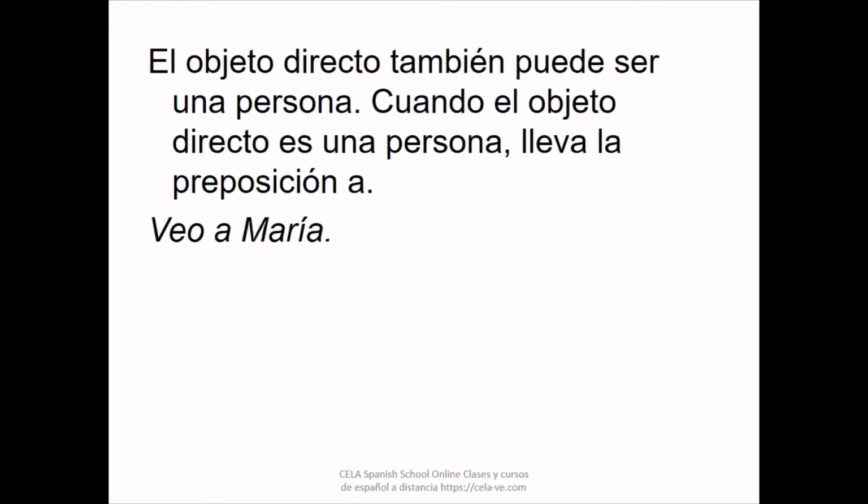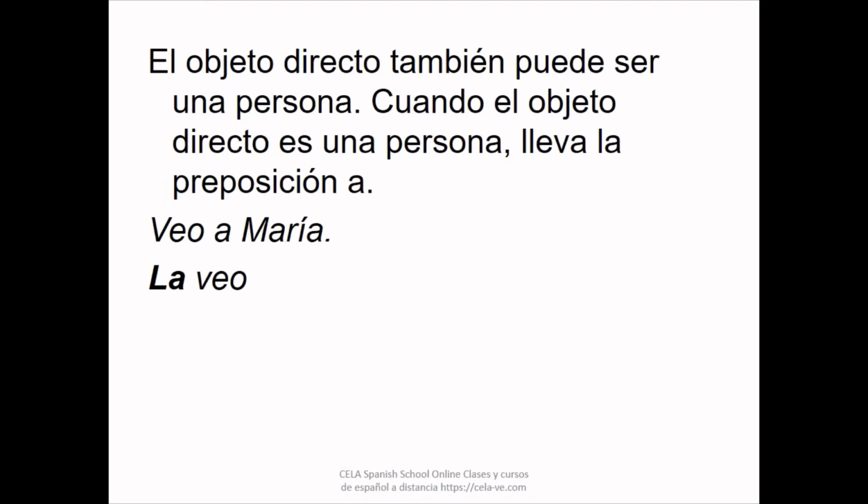Often in Spanish, the information about who does the action, the subject, is included in the verb conjugation, as in this case, veo. ¿Qué veo? A María. La veo. When I have doubts as to whether a person is a direct or indirect object, I substitute it with the word algo.